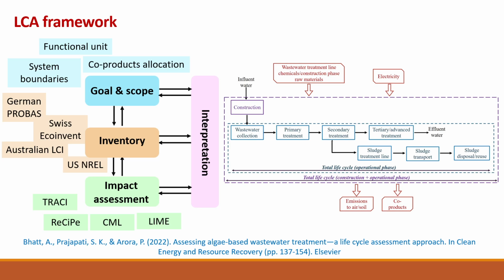The right side figure is just an exemplary schematic. It shows a simple diagram of a wastewater treatment plant, beginning from wastewater collection, going towards primary treatment, secondary treatment, tertiary treatment, and we get the treated water. I hope you are all familiar with this. It's a basic wastewater treatment line.